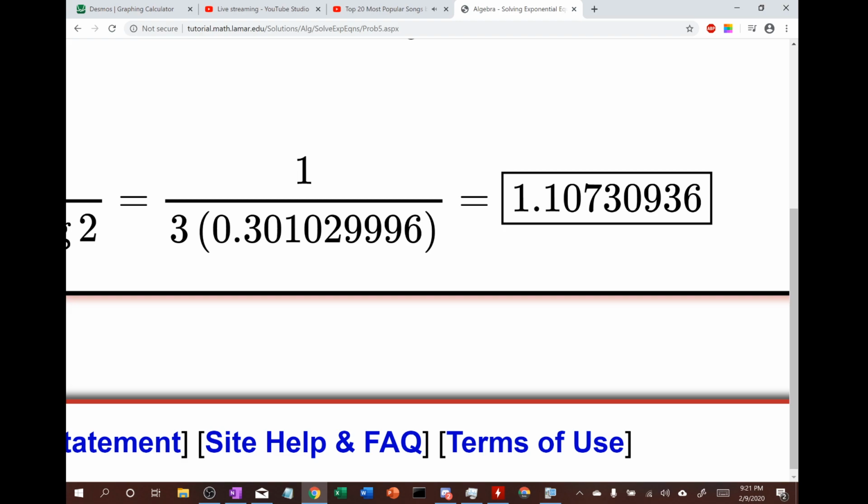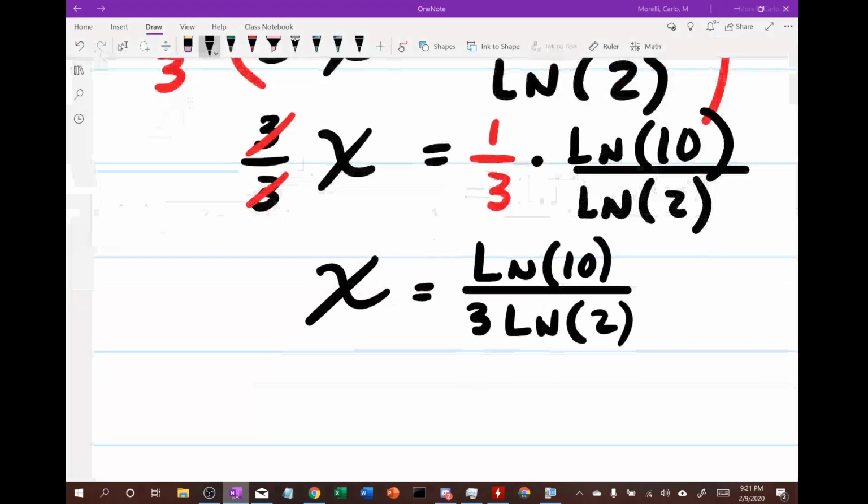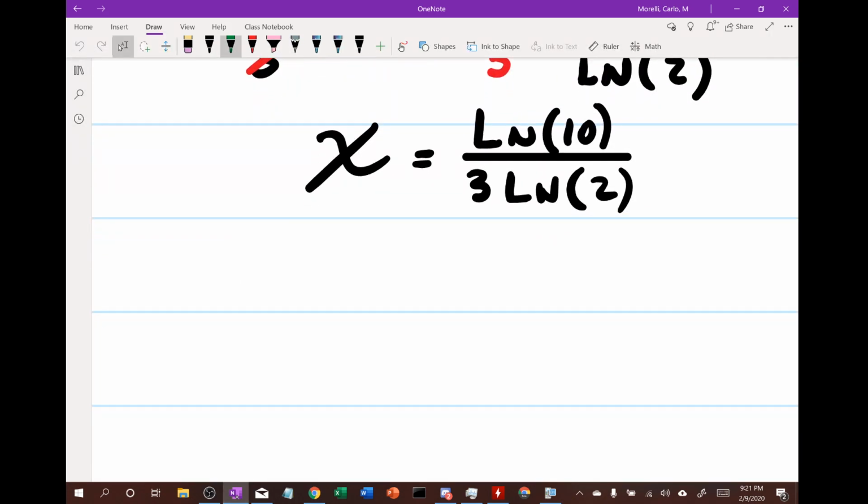Now, notice this. Notice that it says 1 over 3. Okay. So what I'm going to do is just go back to my OneNote and write one little tidbit to remember. See if you can put this in your memory bank. The natural log of 10 is 1.